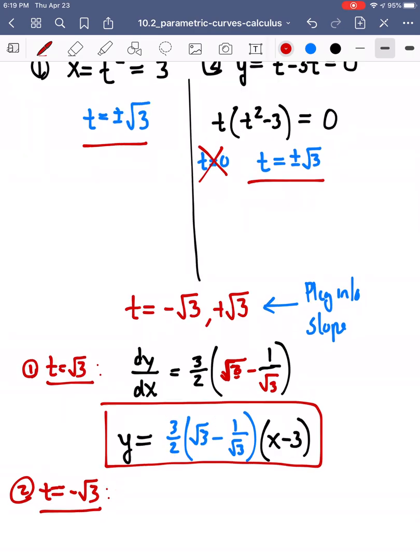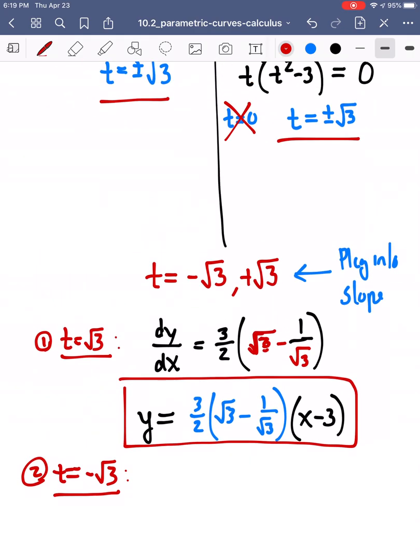we first calculate that slope of the derivative, dy dx, is equal to 3/2 times minus square root of 3. We'll get a plus because the minuses will cancel out, 1 over square root of 3.